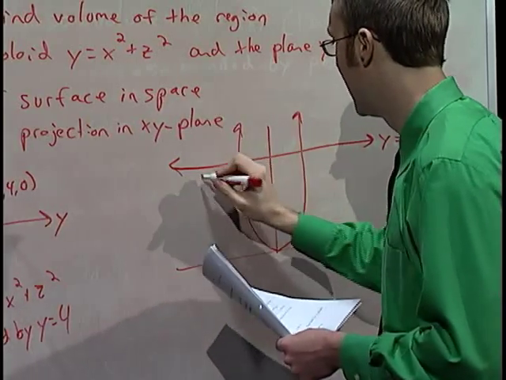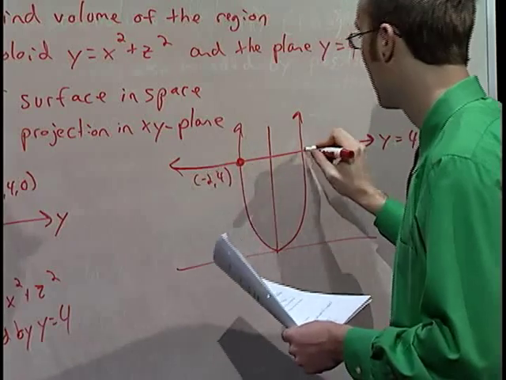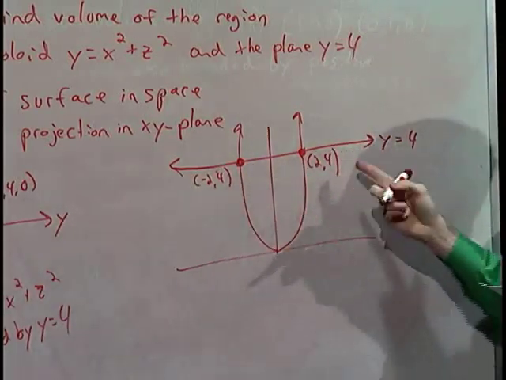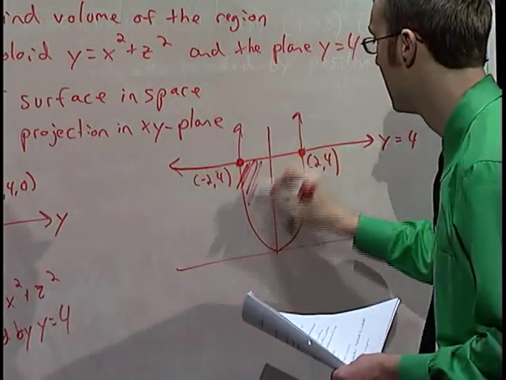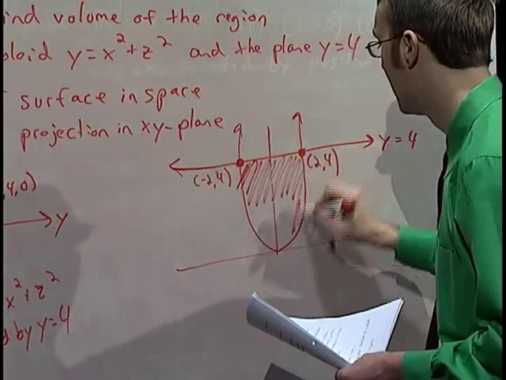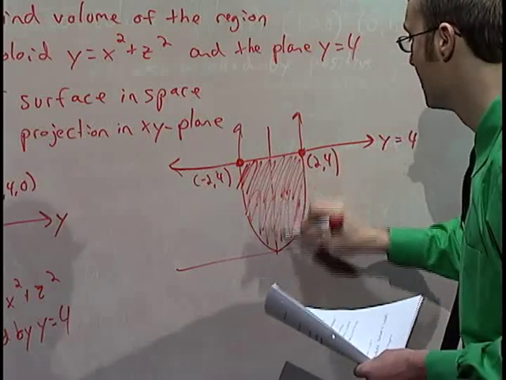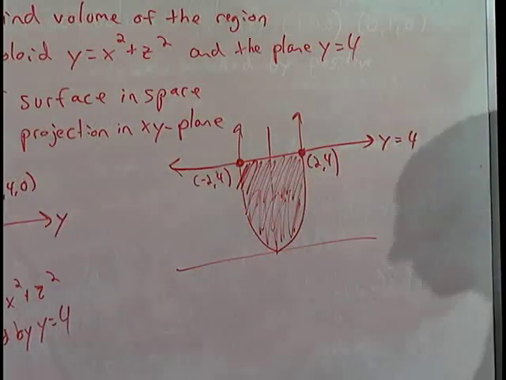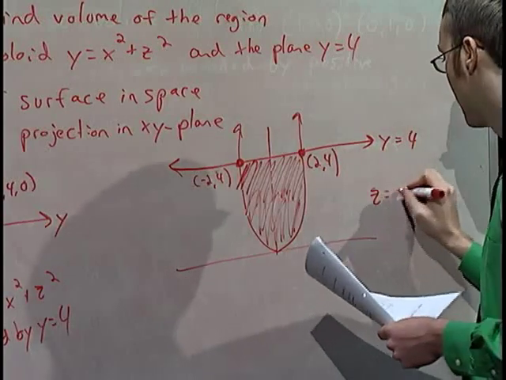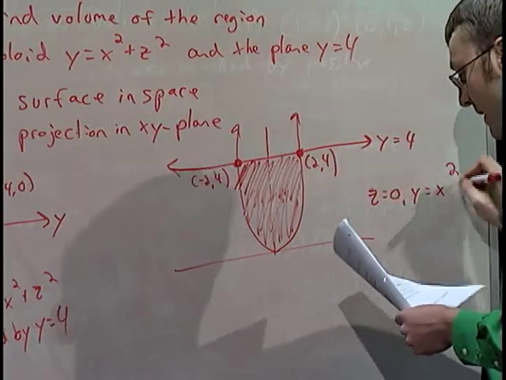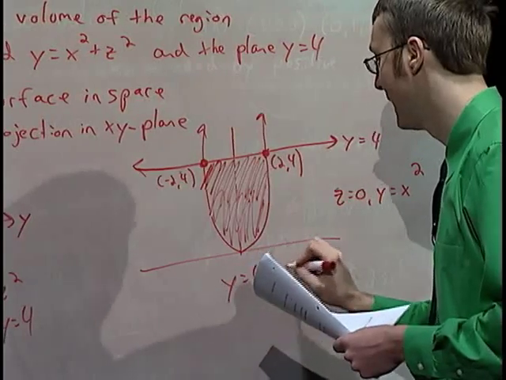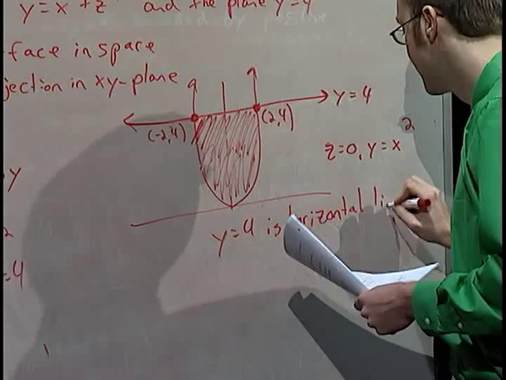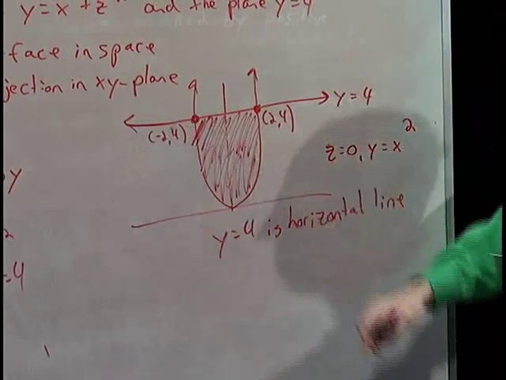There's the point -2, 4 and the point 2, 4. The shaded region inside the parabola is the projection of the paraboloid onto the xy plane. That's a pretty nice projection, honestly.